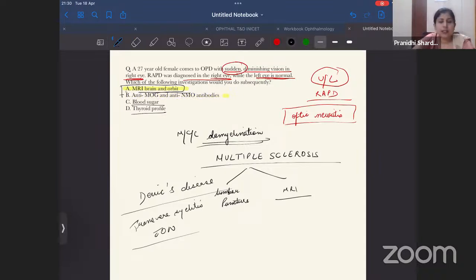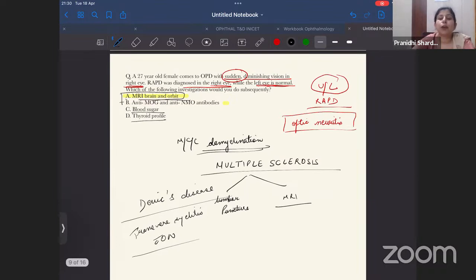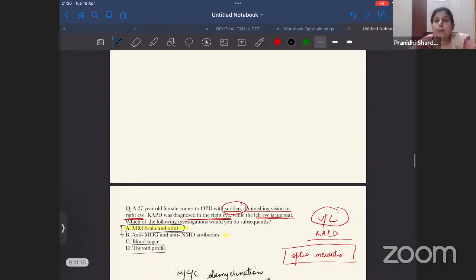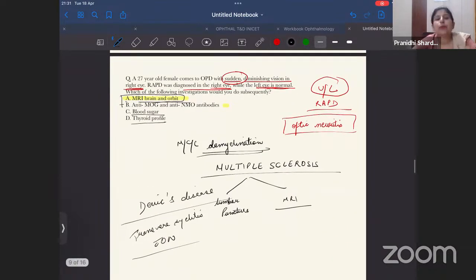If it is a multiple answer question, which is not now being asked, then options A and B could be correct. Or in the other pattern of question asked in INI-CET, you are given 4 options and the question asks which of the following options are correct: 1 and 2, 1 and 3, 1 and 4, like we discussed in the previous questions also. So that could be a scenario in which A and B, 1 and 2, will be the correct option.